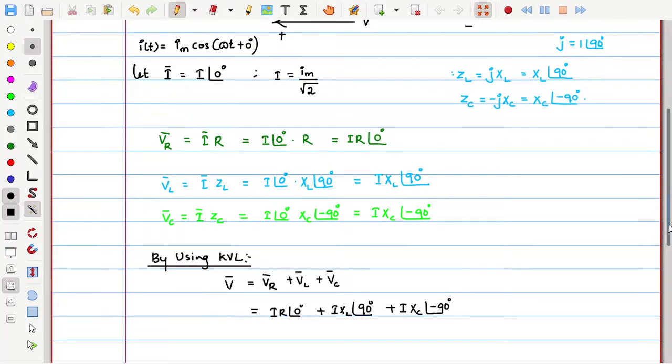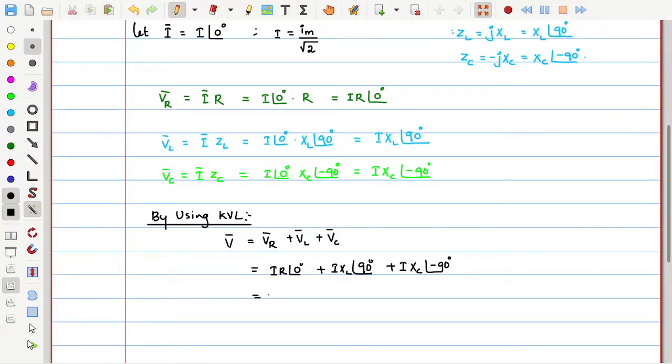Now, whenever additions are there, try to express these things in rectangular form so that we can add up all real parts and all imaginary parts. Okay. So, now I will make this into rectangular form. IR at an angle 0 is equal to IR, plus JIXL. Why? Because angle 90 degrees is equivalent to J, as we had just seen.